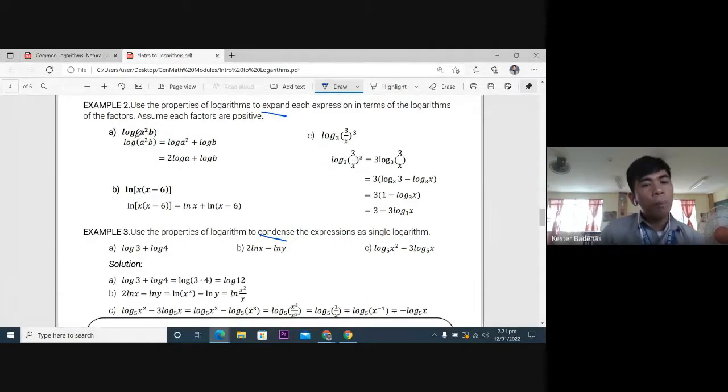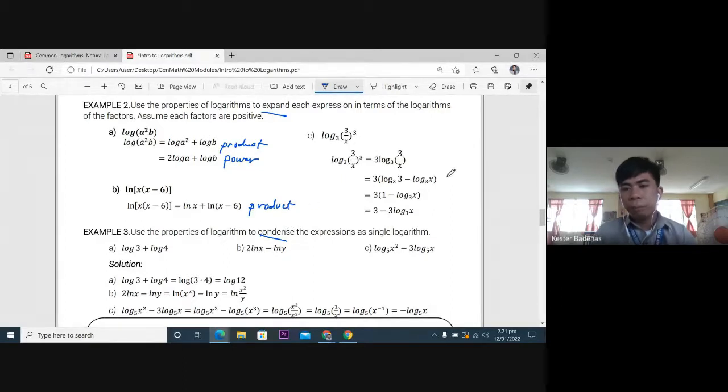Pansinin nyo, logarithm of a squared b, unang gagawin is apply natin yung product rule. Paghiwalayin. Tapos, i-apply yung power rule. Ito, product rule lang.